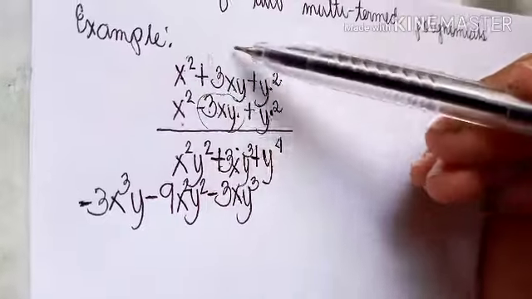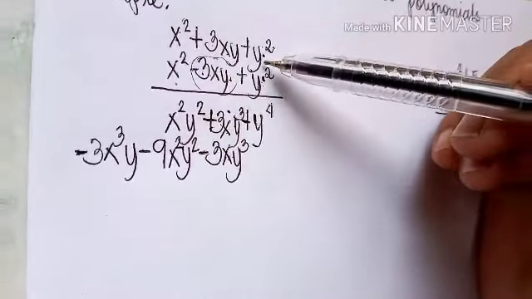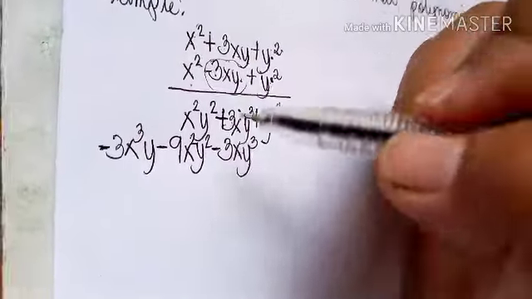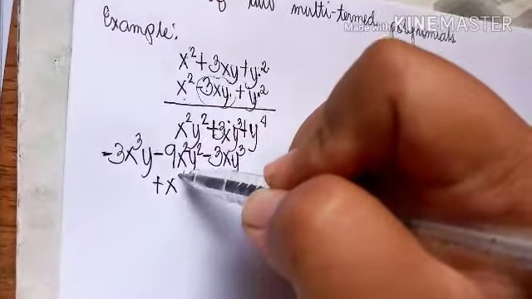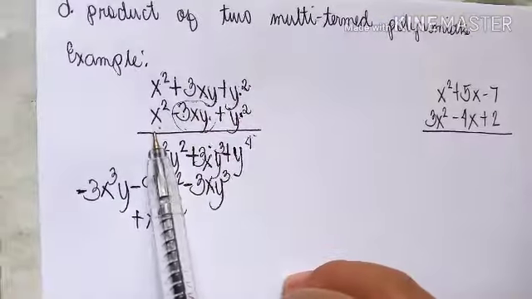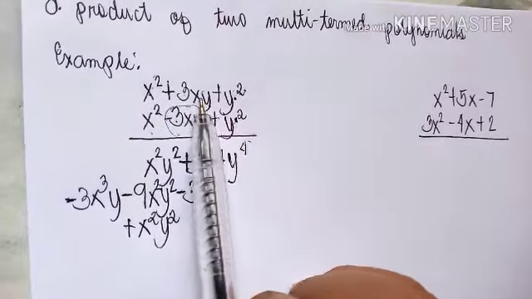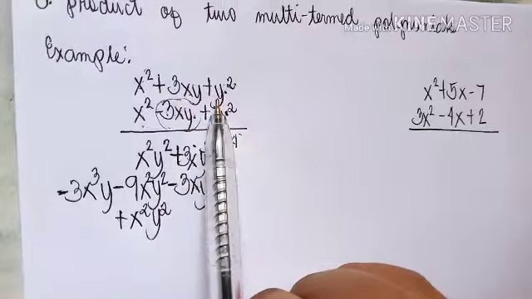Multiply it to the first polynomial. So x squared times y squared is, we have positive x squared y squared. Now multiplying your x squared to the second term of the first polynomial, we have x squared times 3xy.